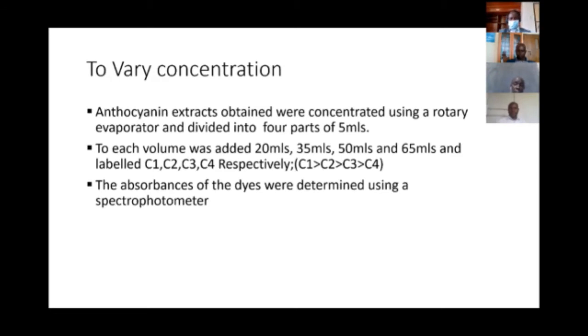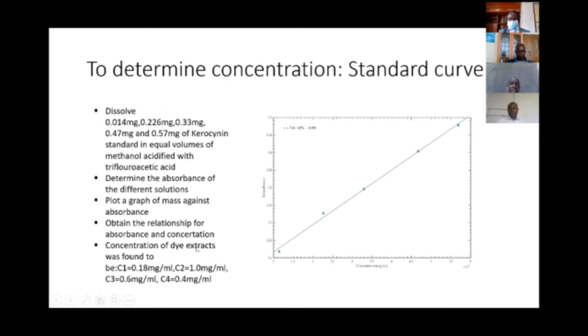So we went ahead and determined their absorbance nevertheless, and then to determine their concentration, we used a standard which also contains anthocyanins. We measured the following masses, then dissolved them in methanol acidified with trifluoroacetic acid, and also measured their absorbances.